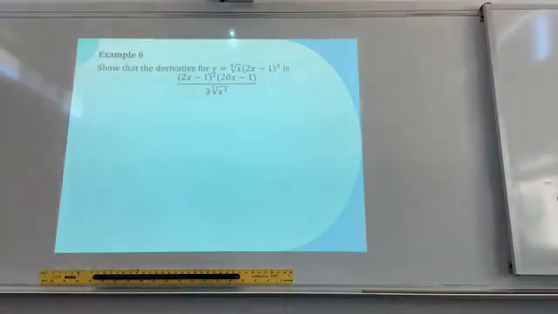So what I like to do in this situation is rewrite this. I actually rewrite this as y equals x to the power of 1/3, and times, put a bracket in, 2x minus 1 to the power of 3.